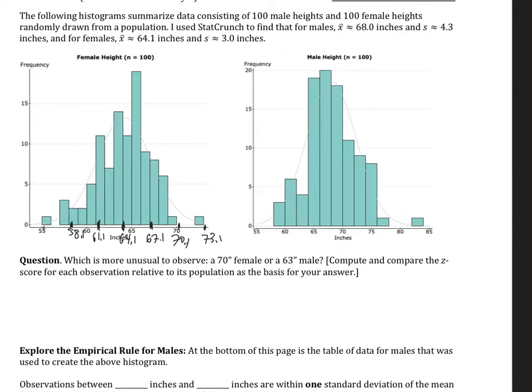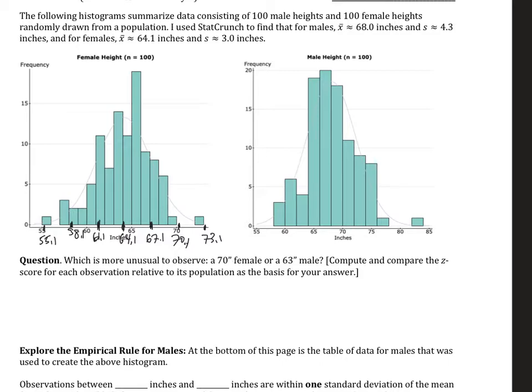And subtract 3.0 again will take me to 55.1. So adding those tick marks for the standard deviations is going to be important for our understanding, and in particular, it will help us understand what z-score represents. All we're doing when we calculate z-score is asking where the observation fits in terms of the tick marks rather than in terms of inches.